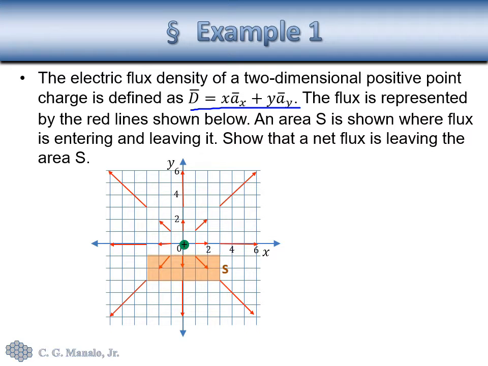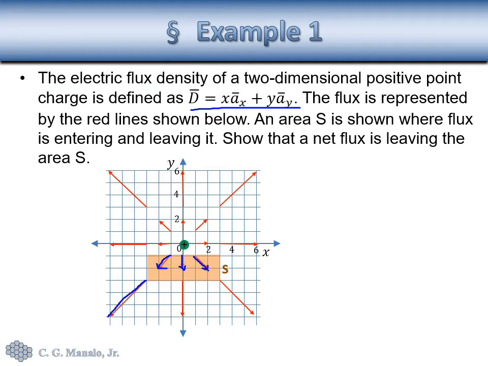We want to know if a net flux is leaving the area S, where the area S here is the shaded area. Here we have three lines entering the area. We have this line, this line, and this line, and also the same lines that are leaving the area.